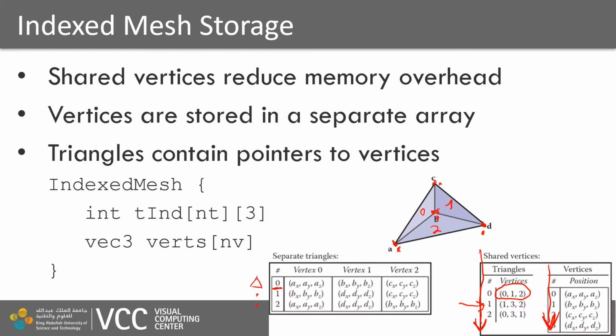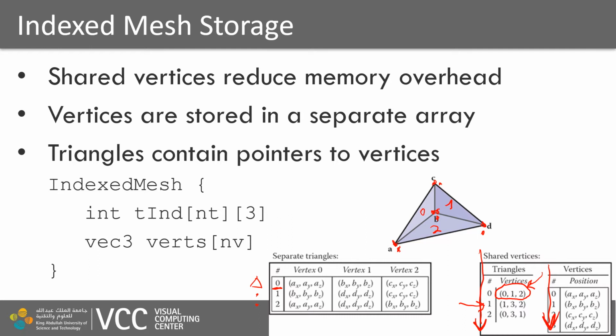So we can see that with this, we are not storing the vertices 9 times, but only 4 times, and then 3 times a vector of the indices to the respective vertices.